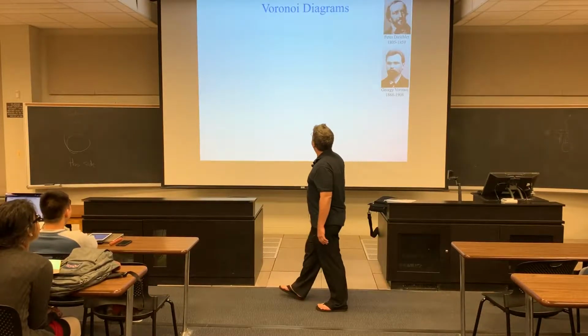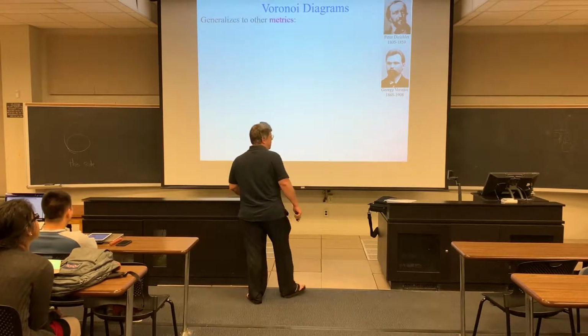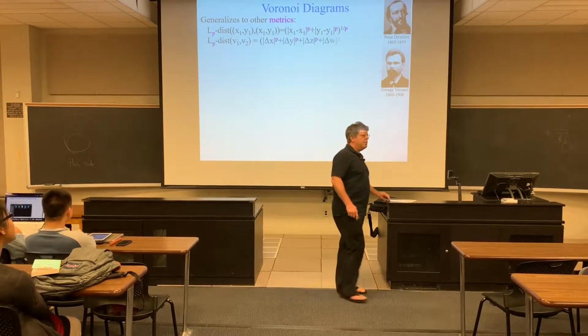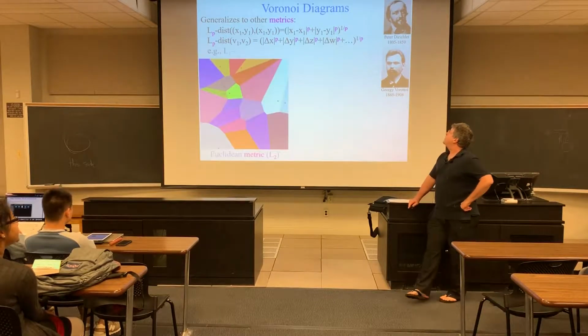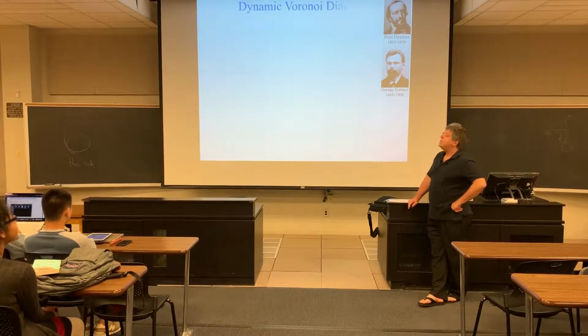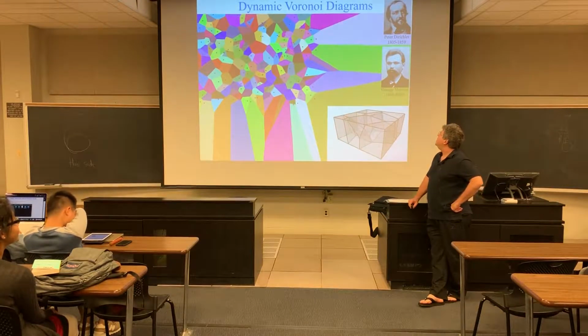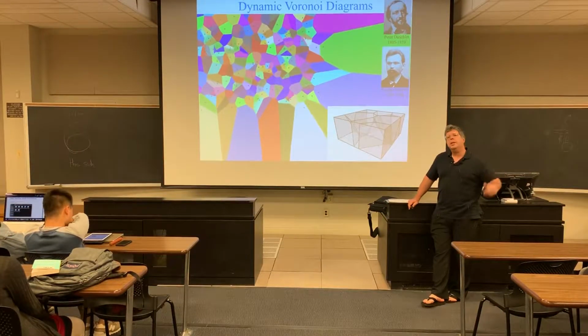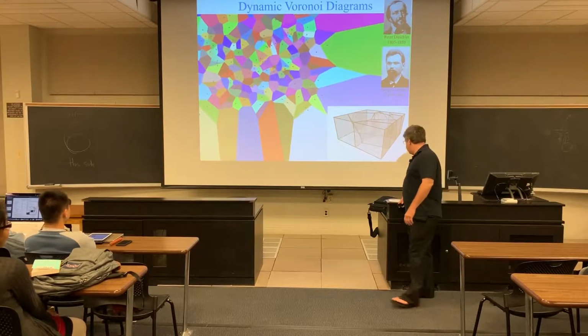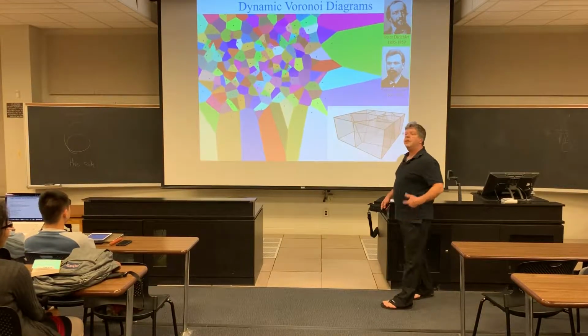Okay, and we mentioned that it captures a lot of problems where proximity information is important, and it covers a lot of ground. It works in different metrics, not just Euclidean. There are dynamic versions, which allow points to move and still keep the Voronoi diagram maintained properly, or even when points are inserted or deleted.